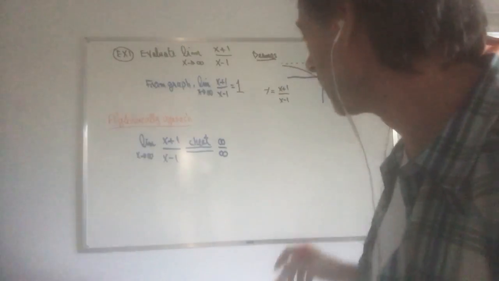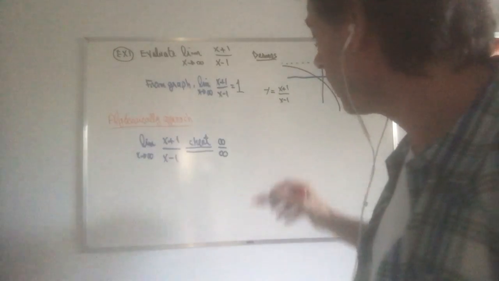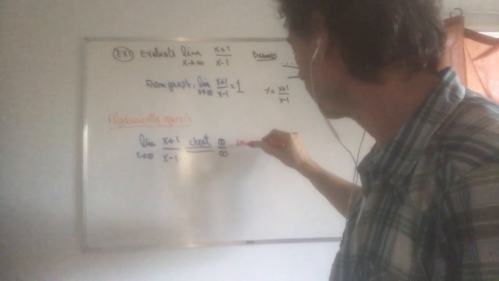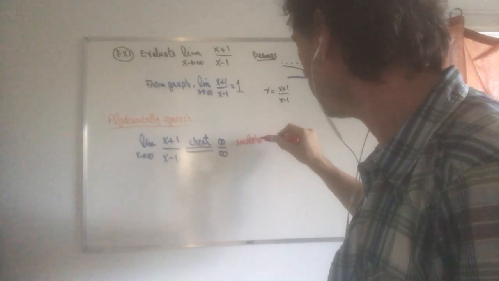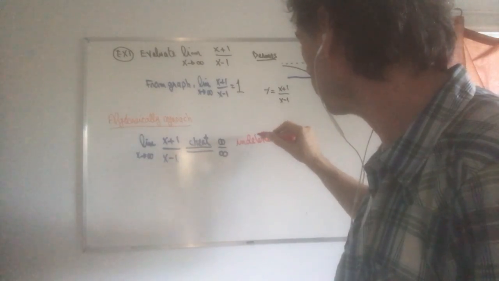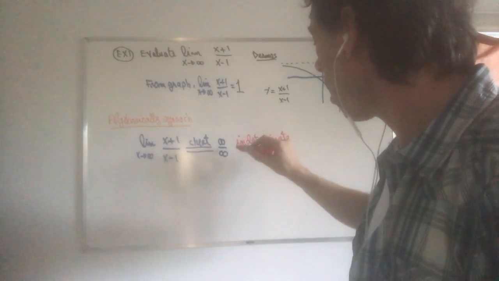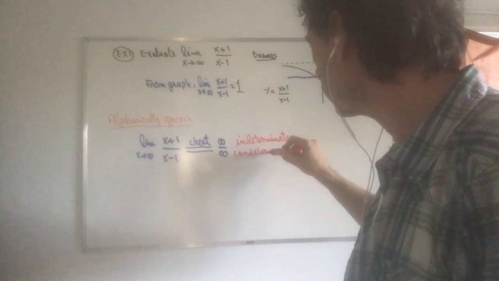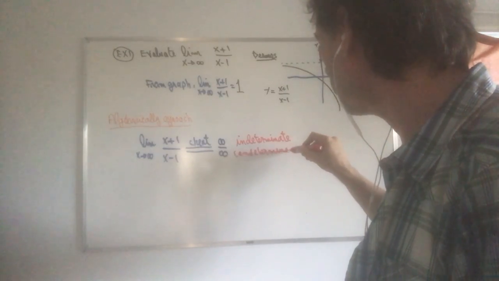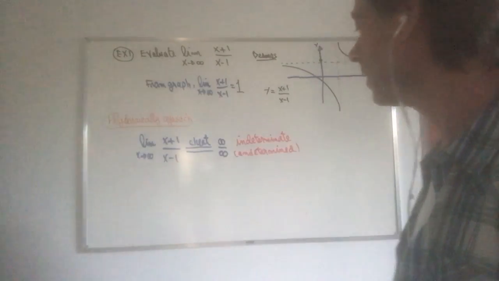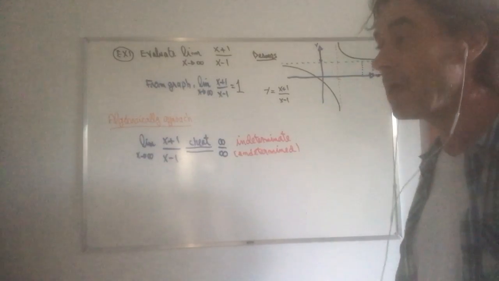And do you know why? Because infinity over infinity is, you ready for this? Indeterminate. Oh Lord, another indetermination. Also known as undetermined, or indeterminate.